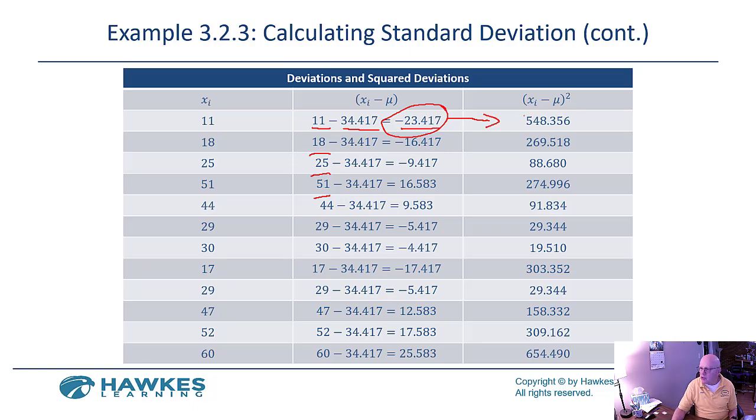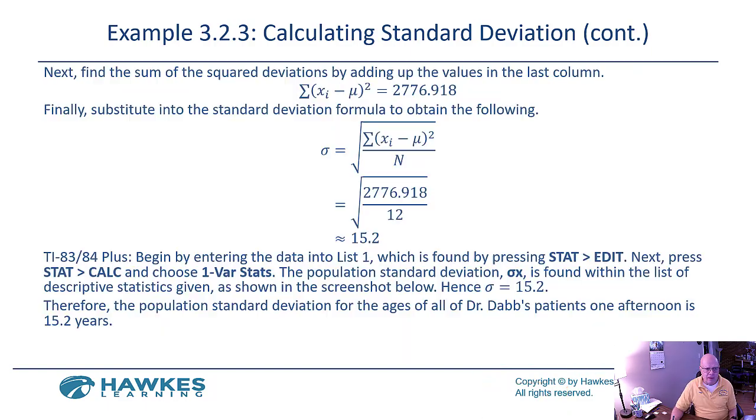And then you take each one of those, add them all together, take your sum, you divide by n, and then you take a square root. It doesn't sound like a whole lot of fun, does it? And that's what it would look like if you take it step by step.